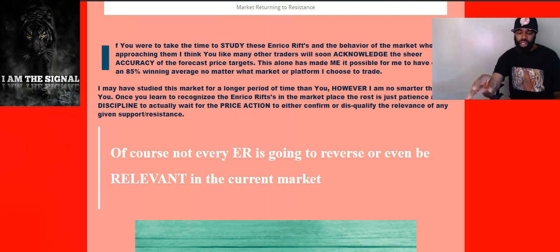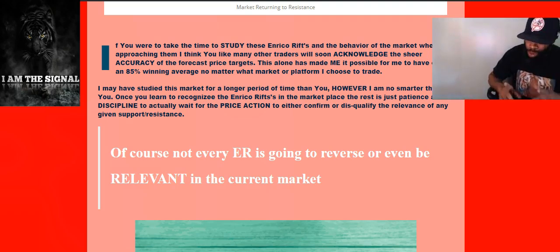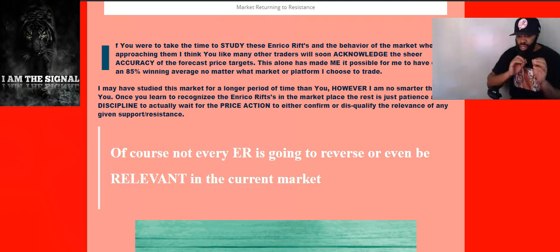So you've got to remember, not every level is going to reverse or be relevant in the market. So it's a level of patience and discipline, that you actually have to wait for the price action to confirm or disqualify the relevance of the support or resistance.